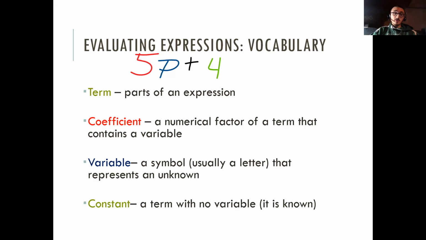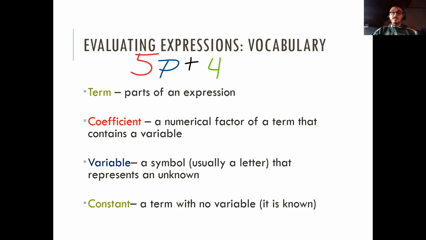My coefficient is a numerical factor of a term that contains a variable. So what that means is, it is the number in front of a variable that tells you how many times you are going to multiply that variable. So 5p, okay, stands for 5 times p.